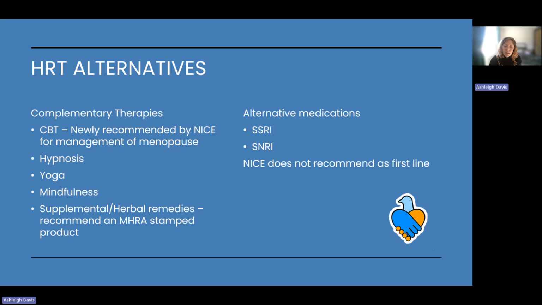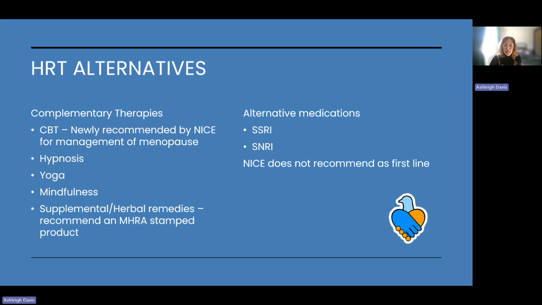When we think about some of the alternatives, we now have some guidance on complementary therapies. So CBT, cognitive behaviour therapy, has been newly recommended by NICE for management of the menopause, as well as hypnosis, yoga and mindfulness. There have been some studies on these being almost as effective as some hormone replacement therapy treatments.